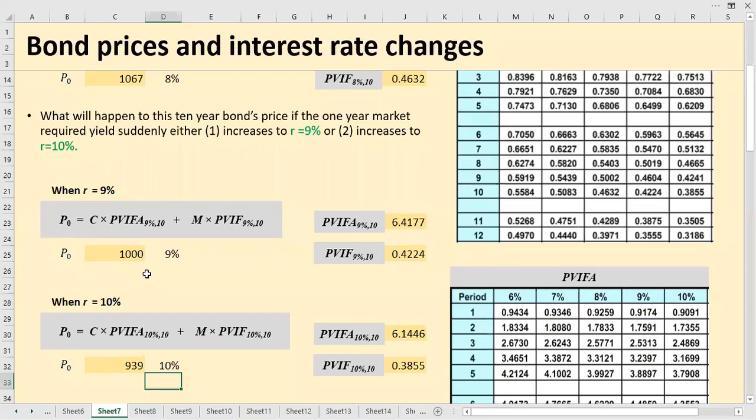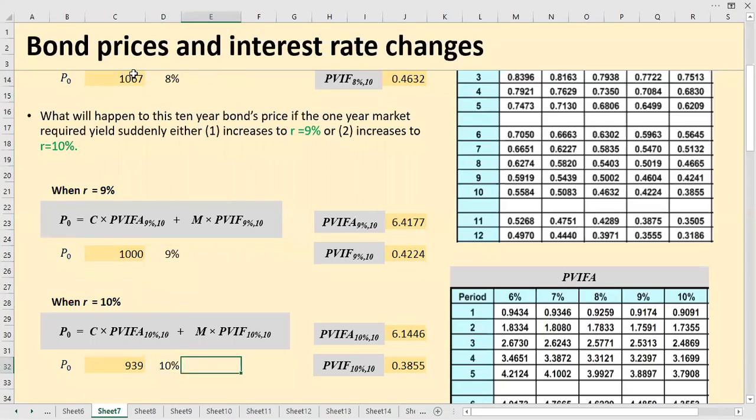They have a negative correlation. Yeah, of course. The relationship between price and the interest rate is inverse. They are moving in different directions. If you look at this interest rate, it is increasing from 8 to 9, 9 to 10.